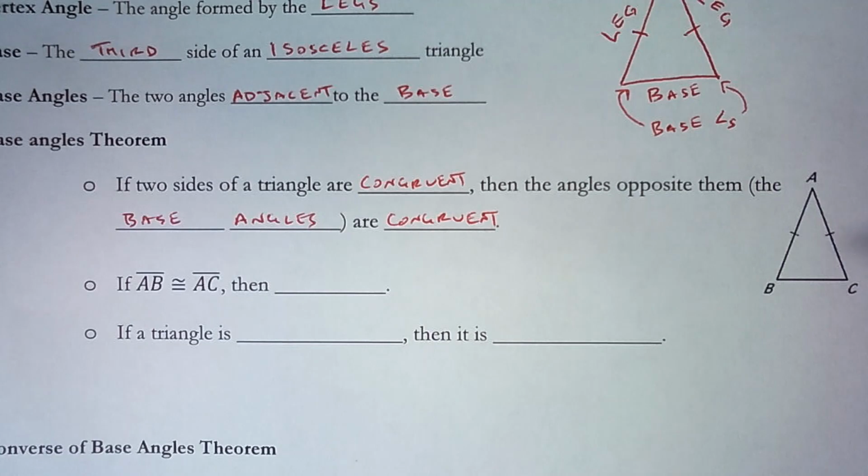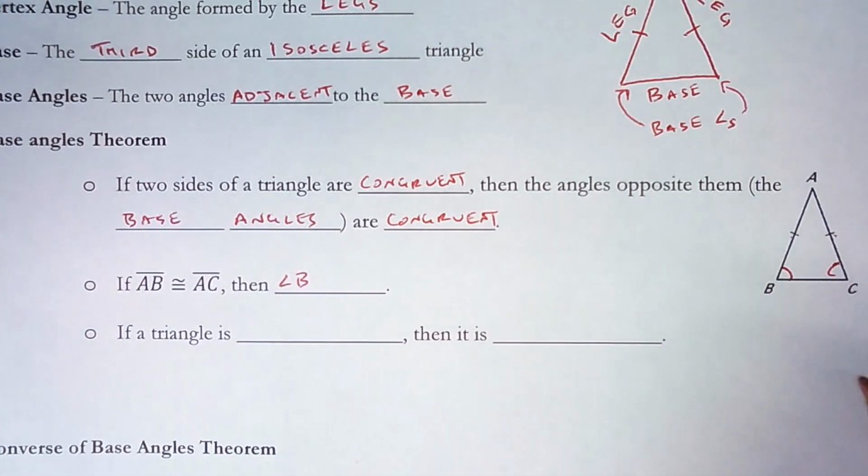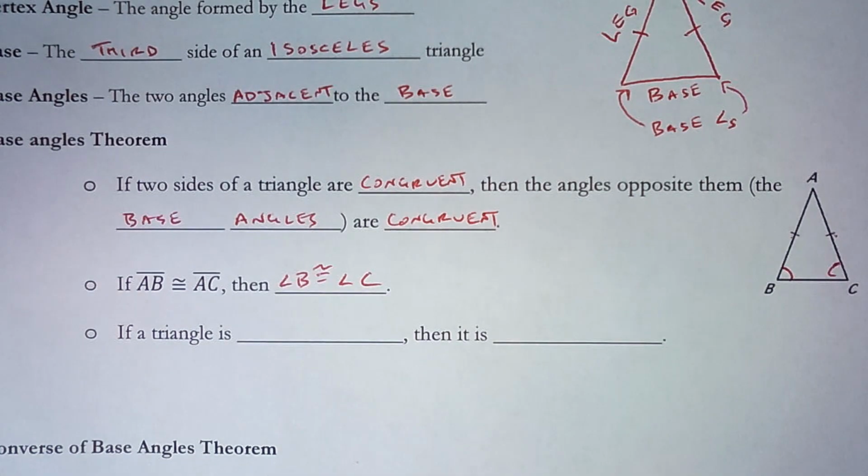Okay, so here I have an isosceles triangle. If these two sides are congruent, then these are the legs. The two base angles across from those sides are also congruent. So if side AB is congruent to side AC, then angle B is congruent to angle C.